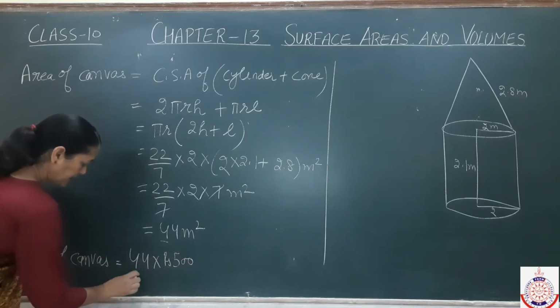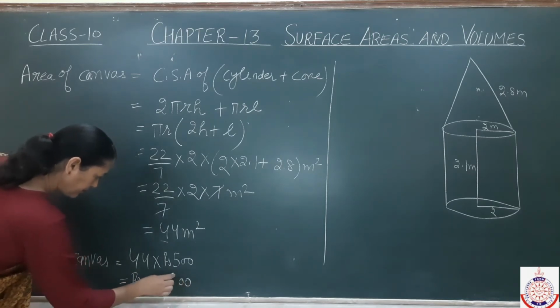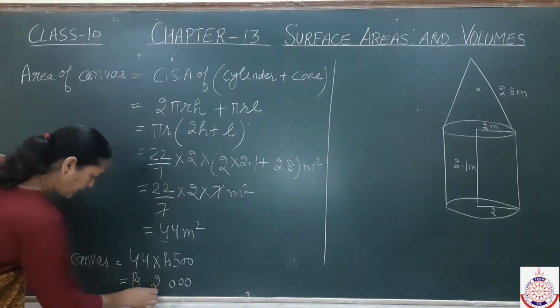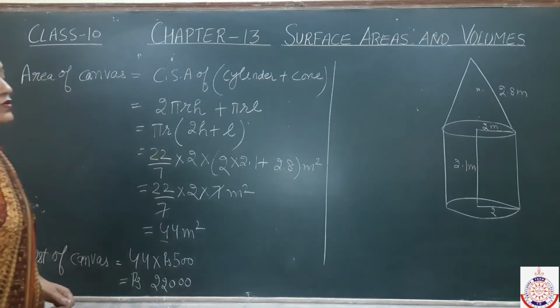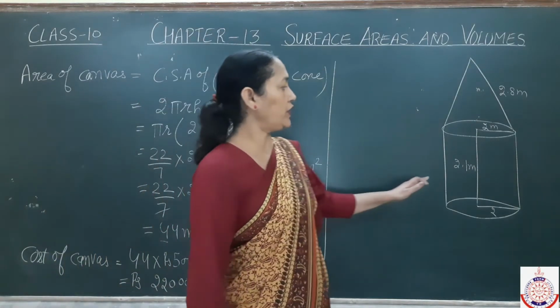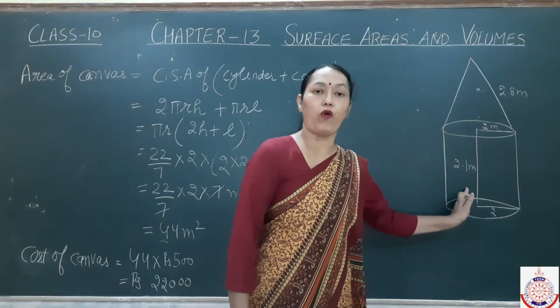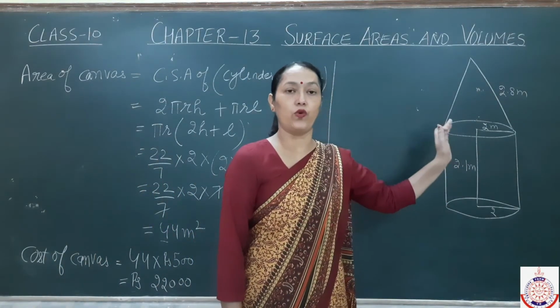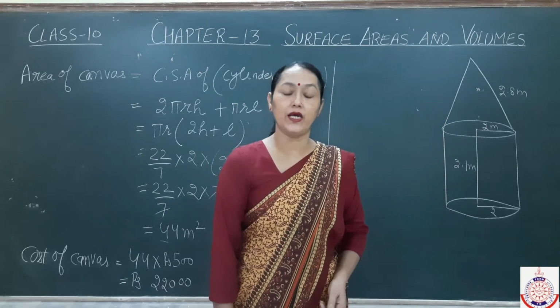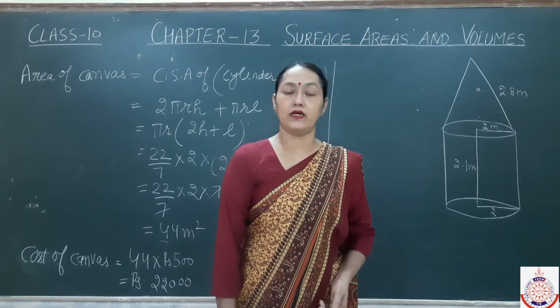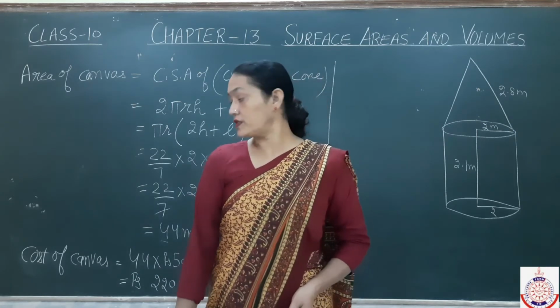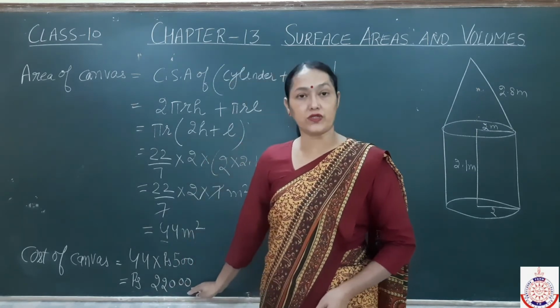We get our answer as rupees 22,000. So the area of the canvas formed by the combination of cylinder and cone is 44 meter square, and the cost of making this tent is rupees 22,000.